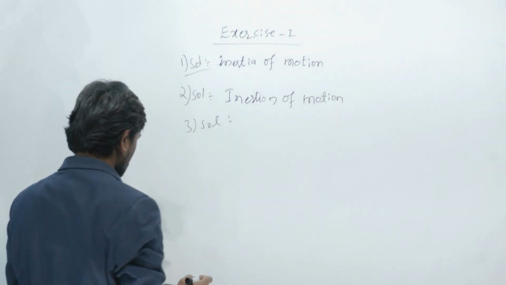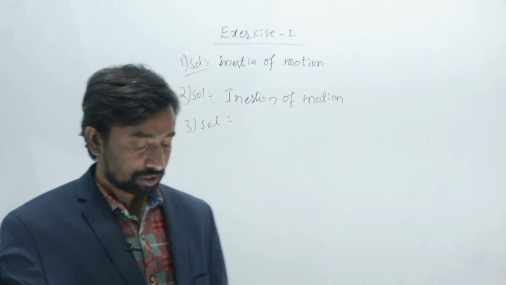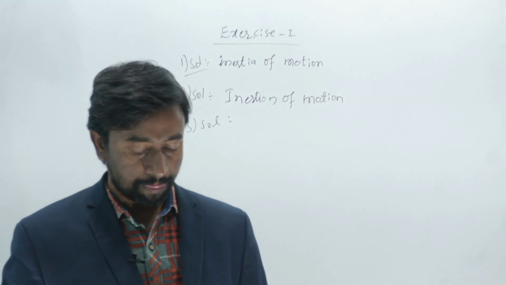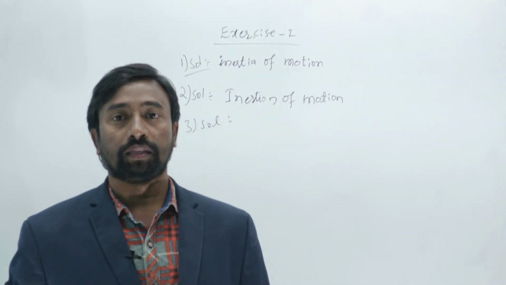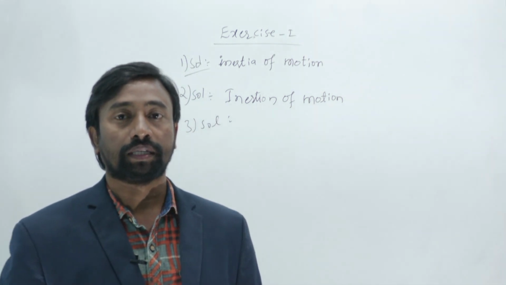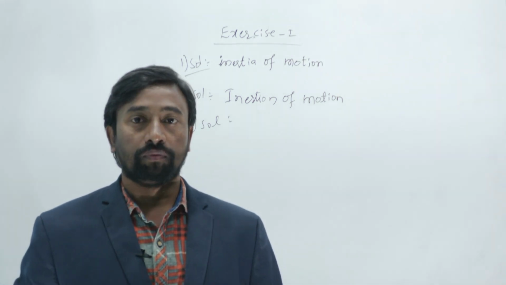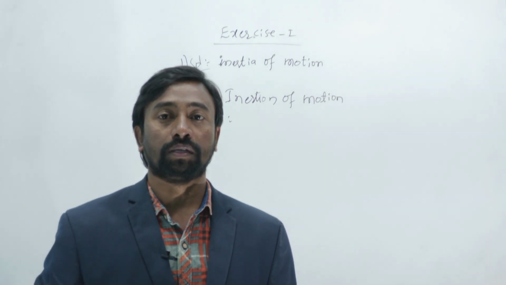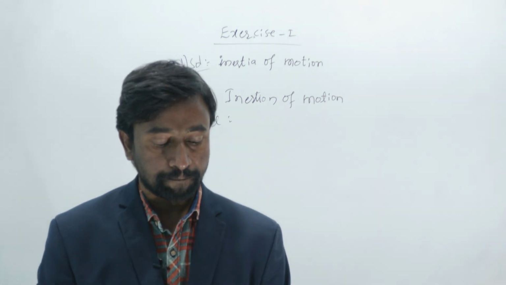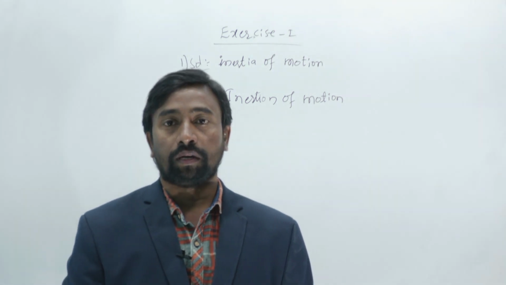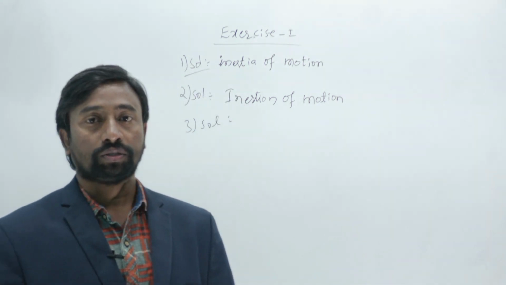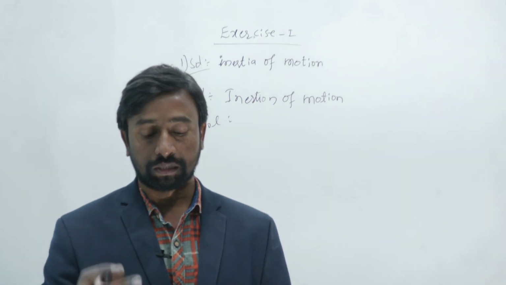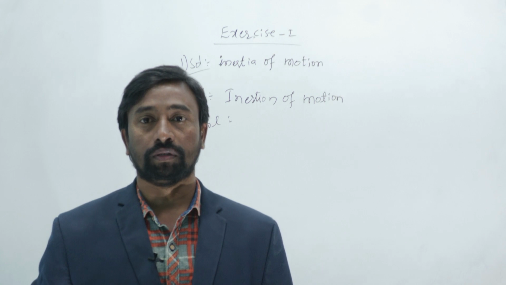Third one: an athlete runs some distance before taking a long jump. That is to get enough inertia, so that he can overcome the inertia of direction.